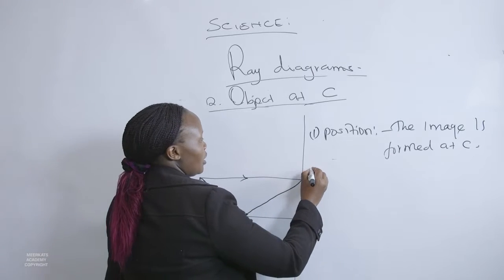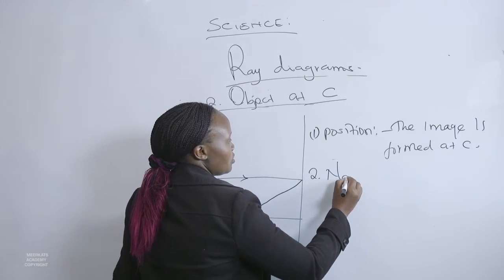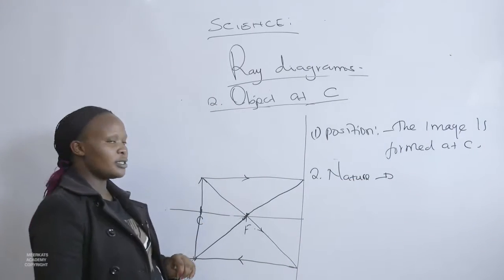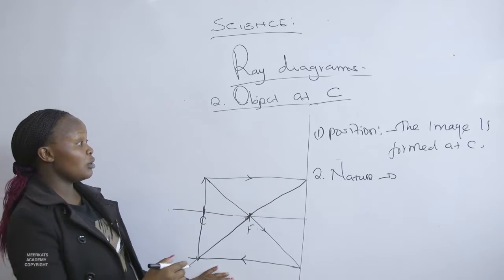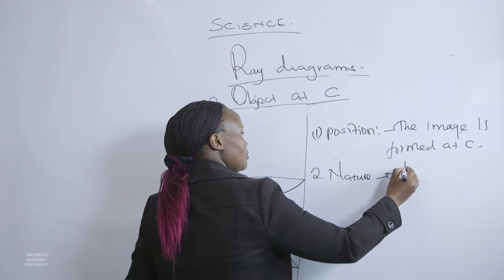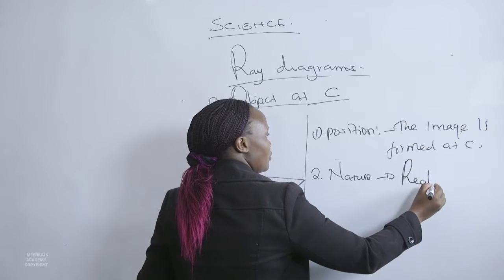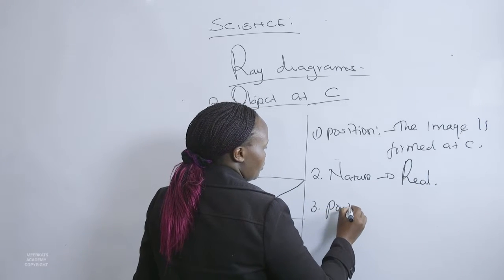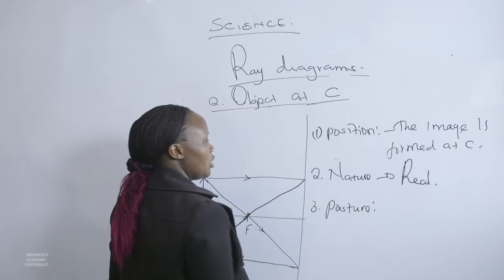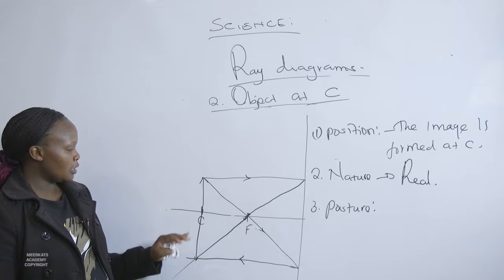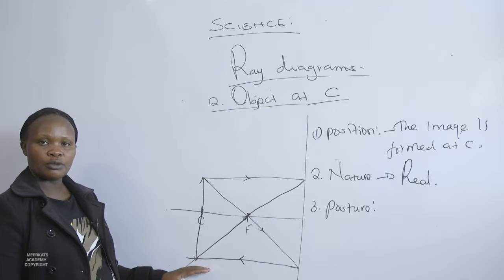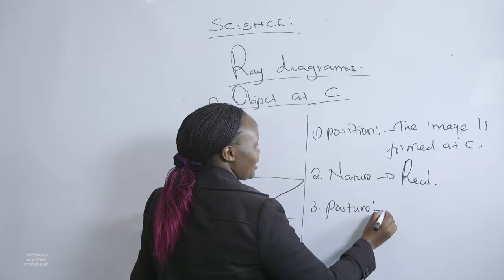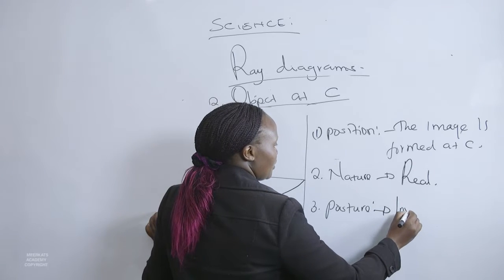We say something about the nature of the image. You can say that the image is actually real. Then you go to the posture, and clearly you can observe that our image is actually inverted.